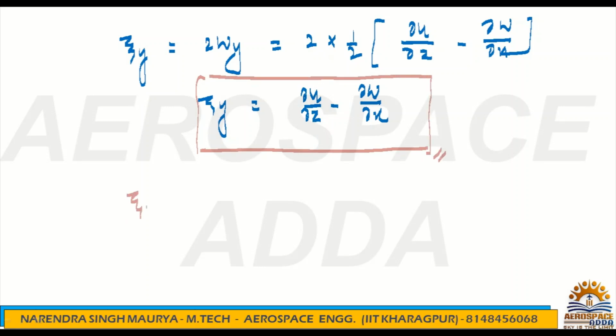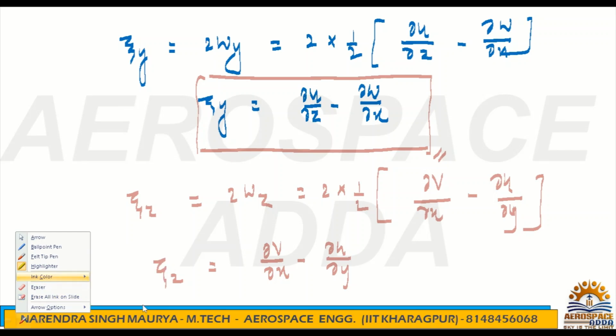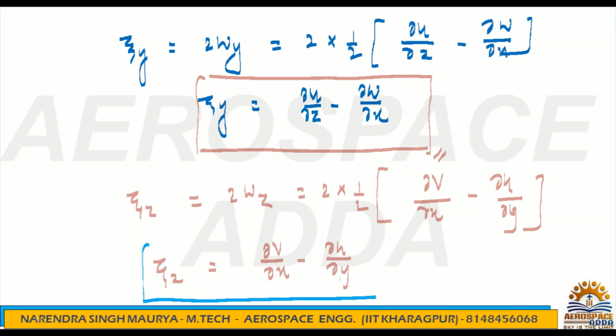Similarly, we want to calculate vorticity about the z-axis. It is nothing but 2 omega z, which is 2 into 1 by 2 in bracket, dou v by dou x minus dou u by dou y.